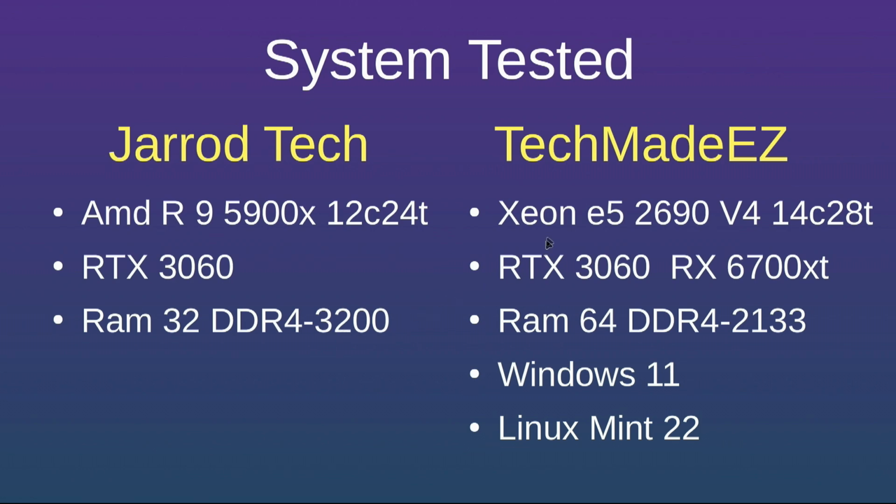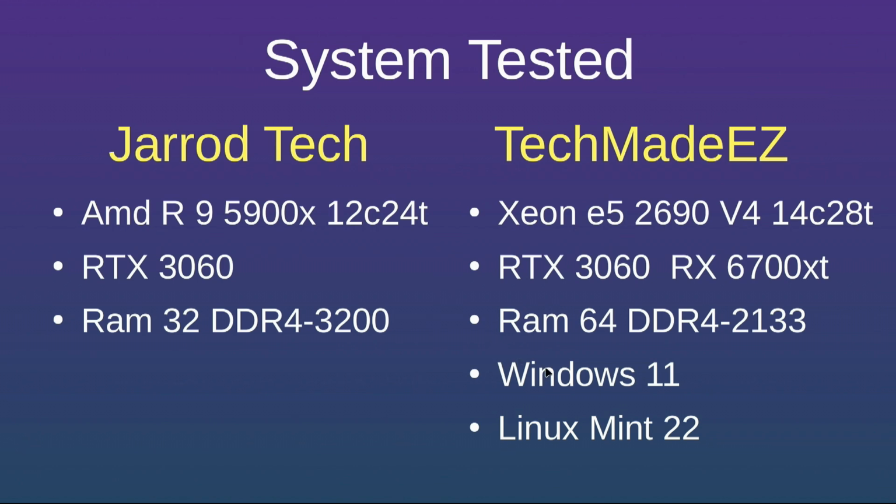I'm running, again, that Xeon E5 2690 v4, 14 cores, 28 threads, the RTX 3060 and the RX 6700 XT. It's a test system, so I have 64 gigs of RAM running DDR4 at 2133 megahertz, so the RAM speed isn't great. Unlike Jared Tech, I can't do any overclocking, and I can't take advantage of AMD's Smart Access Memory for gaming, and so on.